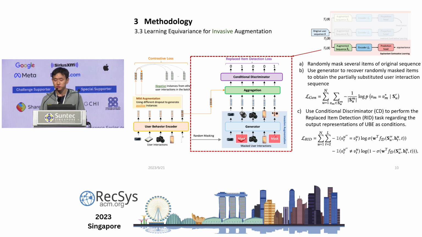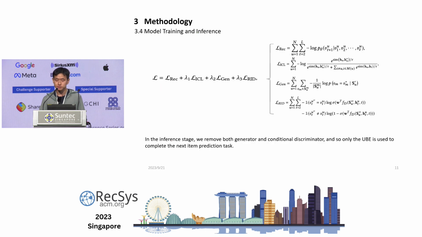Finally, we use the conditional discriminator to perform the replaced atom detection task, regarding the output representations of the user behavior encoder as conditions. With this method, we construct fake interaction sequences with smaller semantic perturbations, which poses a challenge for the discriminator to correctly identify the substituted items.